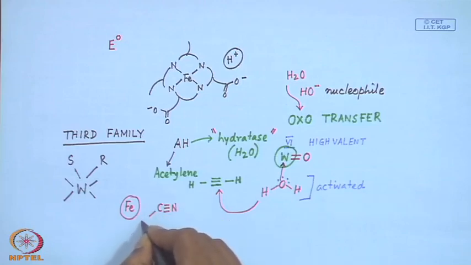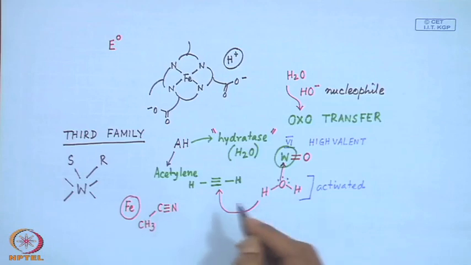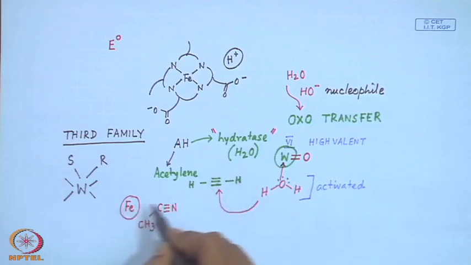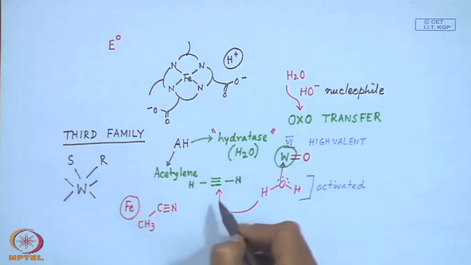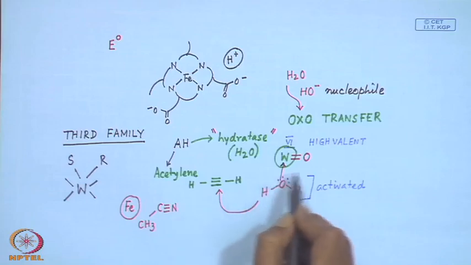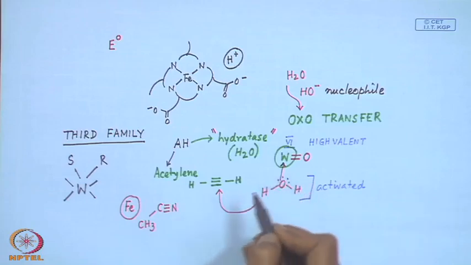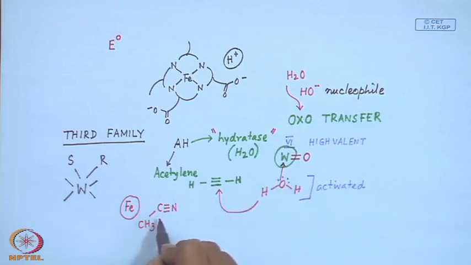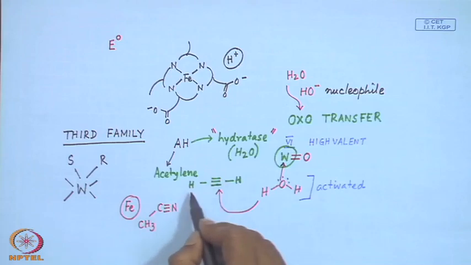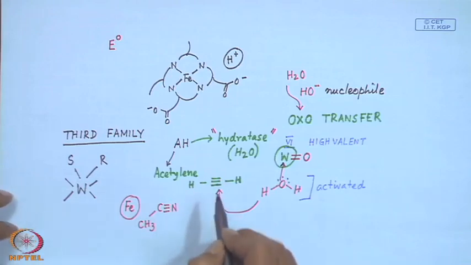So, when we have acetonitrile in our hand, that can also go for the corresponding nitrile hydratase reaction, but the metal center is different. That means the same activated water molecule can be added over this triple bond, and this conversion is different compared to the conversion we expect for acetylene.